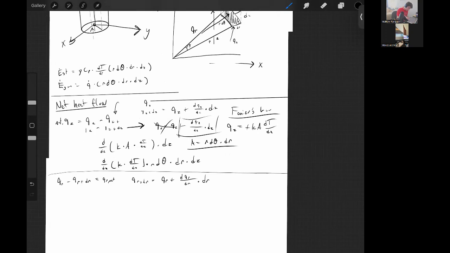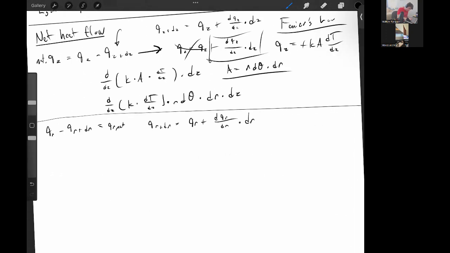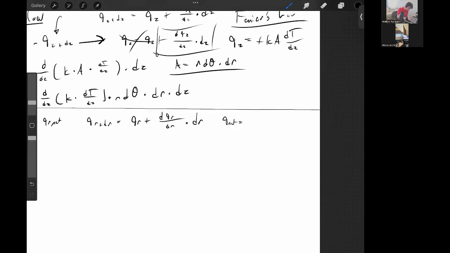So knowing this, we know that our Q net equals negative dQ of r over dr multiplied by dr. That is our Q net.